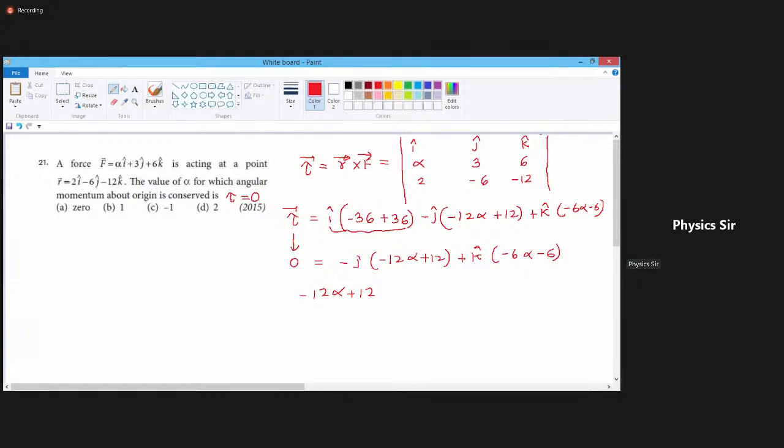So if the sum of two quantities is 0, it means individually they have to be 0. कभी होगा 0, ये लोग individually ये 0 होगा या ये 0 होगा. अगर हम लोग फर्स्ट वाला 0 लिया तो क्या होगा, minus j into 12 alpha plus 12. And if this is 0, j cannot be 0, so minus अंदर आएगा, so this minus and minus will become plus, so 12 alpha is equal to 12.